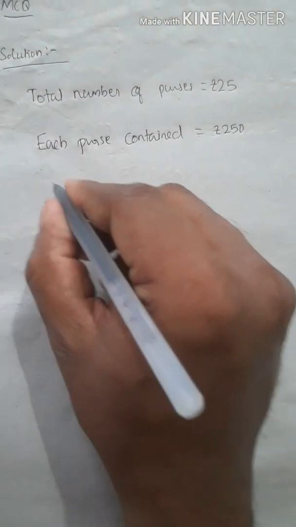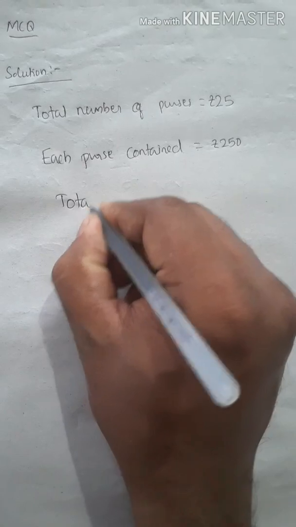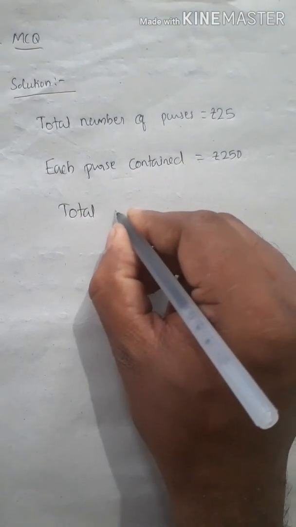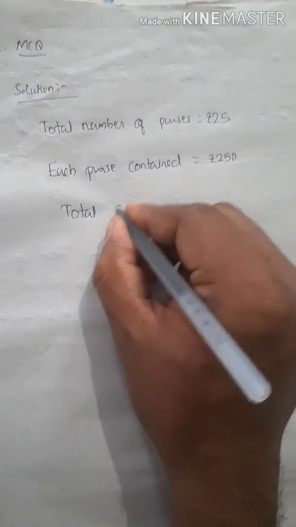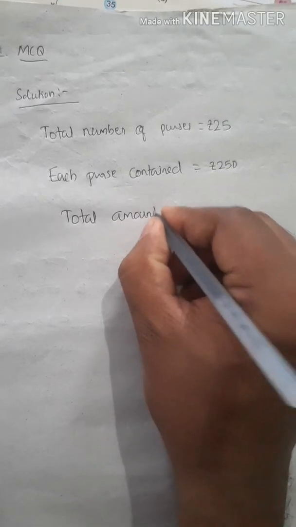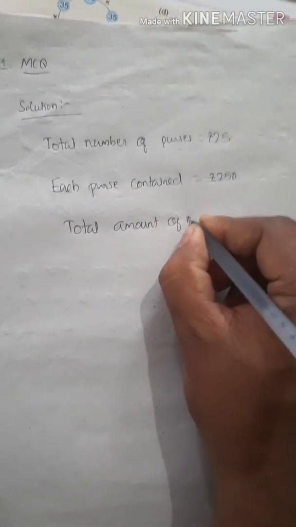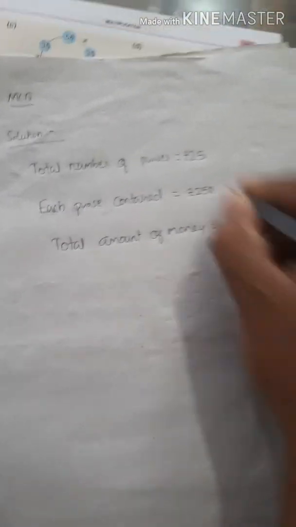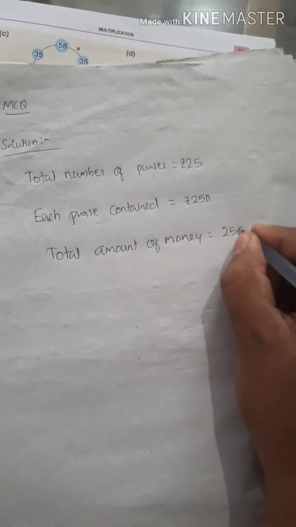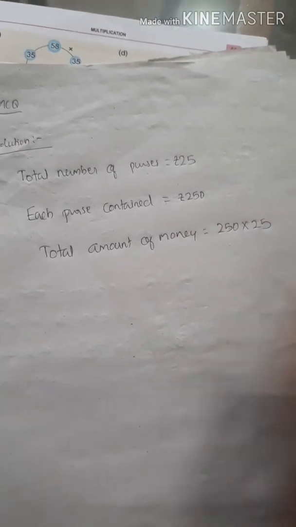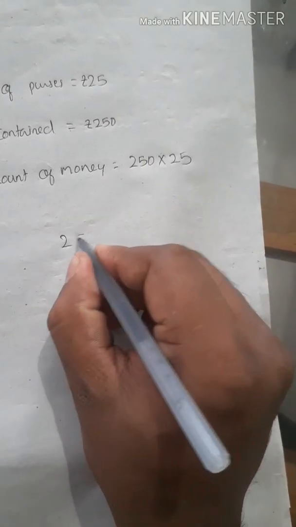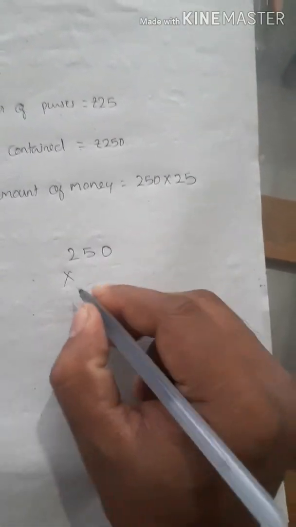So students, write here total amount of money is equal to 250 into 25. So let us start doing this.